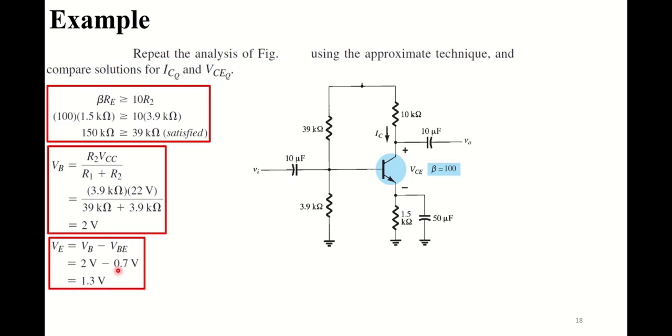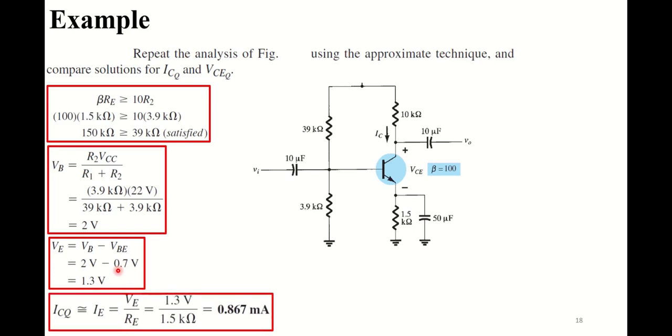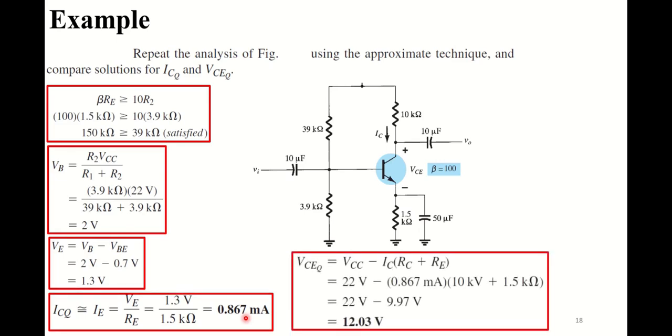As we know that the collector current IC is approximately equal to the emitter current IE, that can be calculated as IE is equal to VE over RE, and its value comes out to be 0.867 milliamperes. The equation for calculating VCE, however, does not change for both the methods and it comes out to be equal to 12.03 volts.